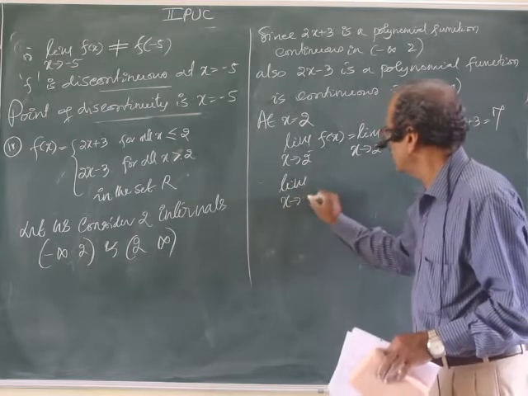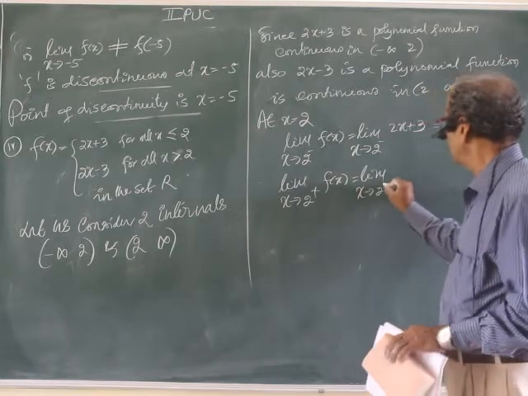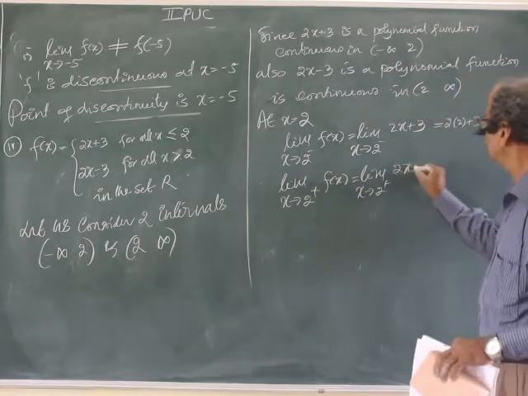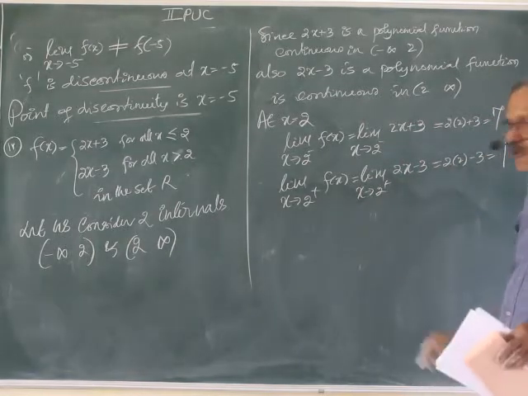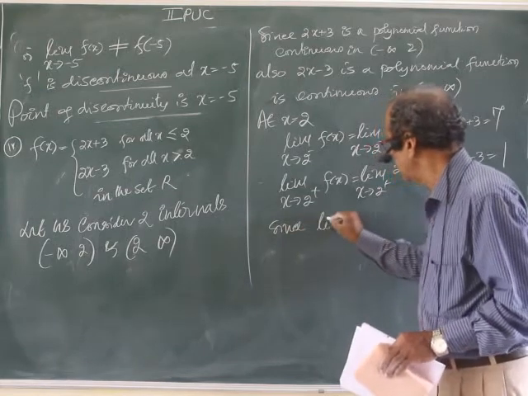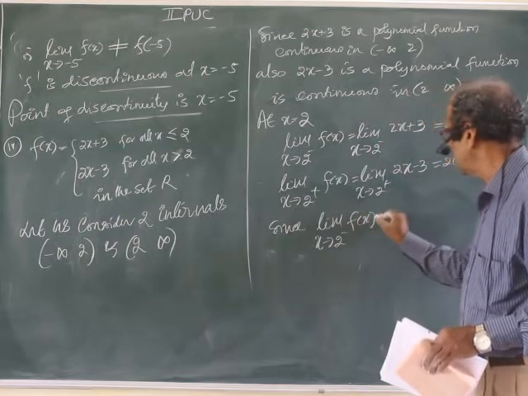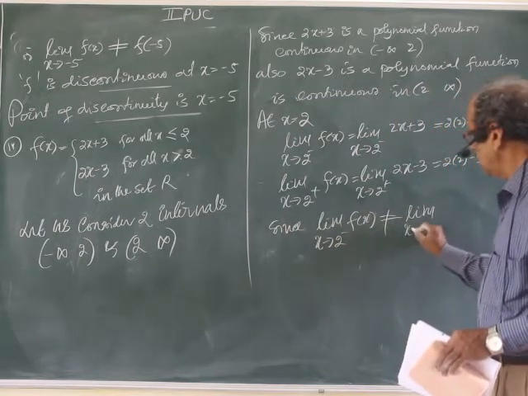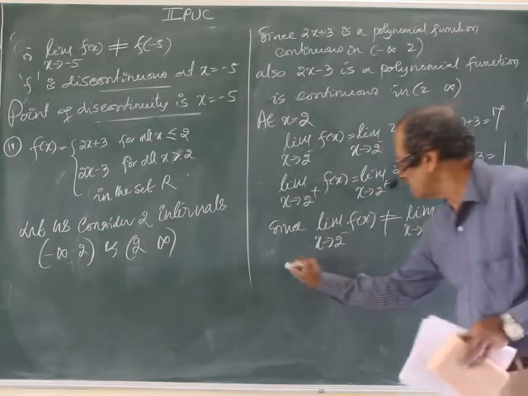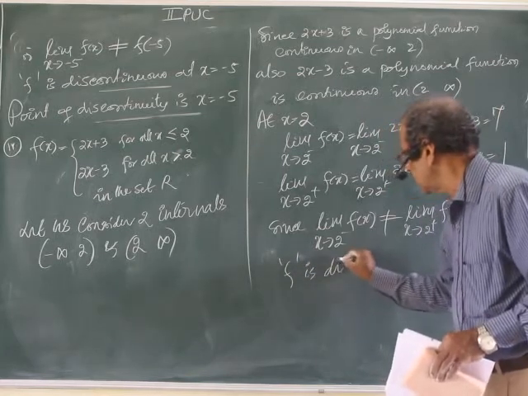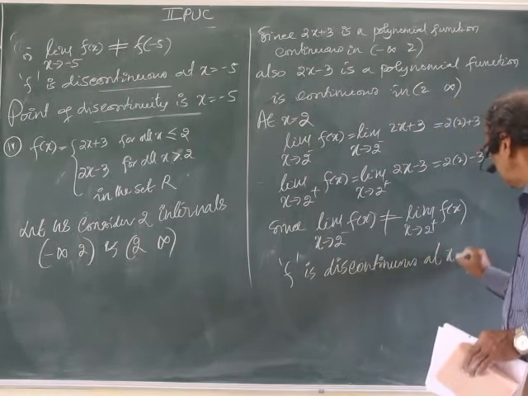Limit x tending to 2 plus 2x minus 3. 2 into 2 minus 3, 1. Since limit x tending to 2 minus f of x is not equal to limit x tending to 2 plus f of x, f is discontinuous at x equal to 2.